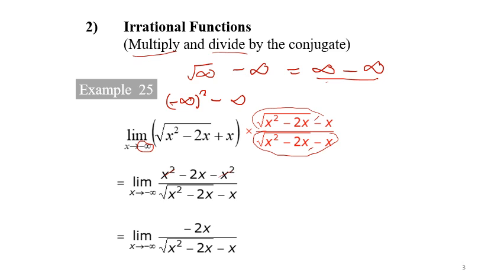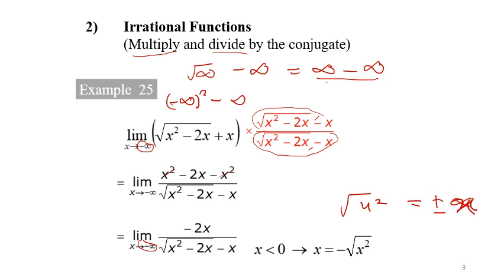And then next, what we'll do is we divide with the highest degree of x. Okay, so in this case, since x approaches negative infinity, we know square root of x squared can be positive or negative x.